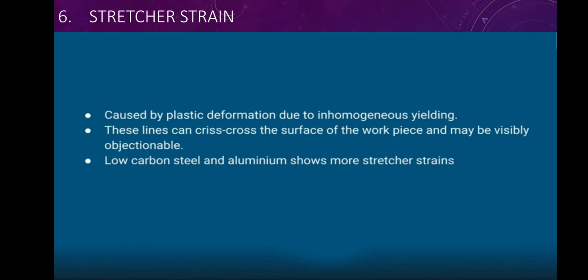This stress will develop, and that is called stretcher strain. These lines can crisscross the surface of the workpiece and may be visibly objectionable, right? So you can observe the crisscross on the surface of the material, and that is stretcher strain. So both of these are surface defects. Low carbon steel and aluminium show more stretcher strain.